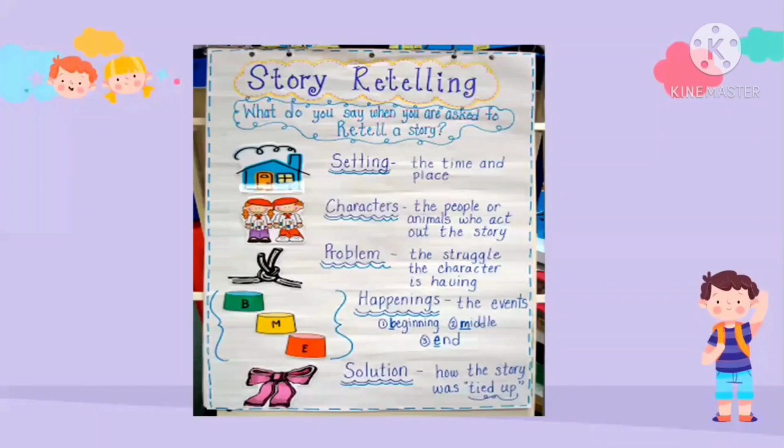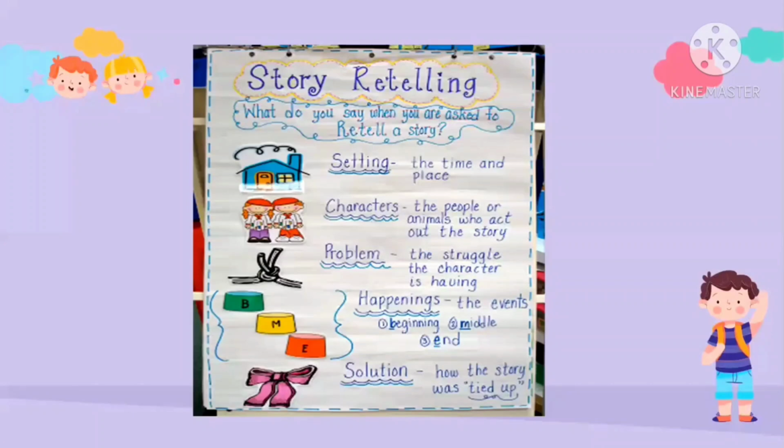Story retelling means you retell the story that you have read. There are 5 aspects that you are going to retell. Start from the settings. You are going to tell the time and the place where the story happened, and then the characters, who are the people or the animals that act in the story, and then the problems.